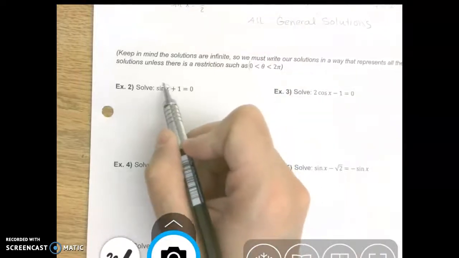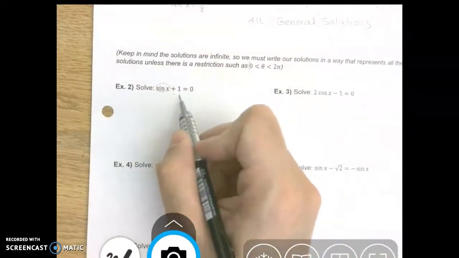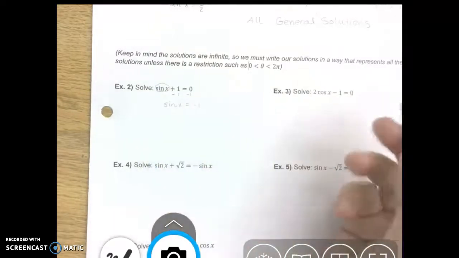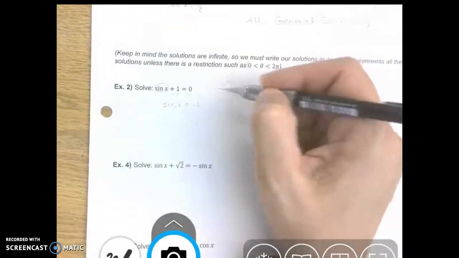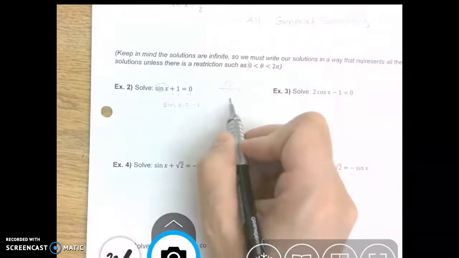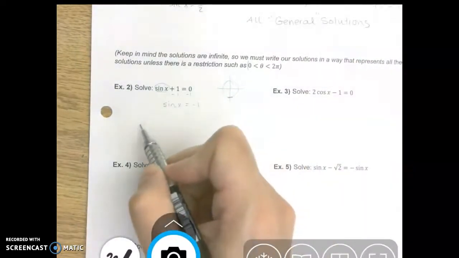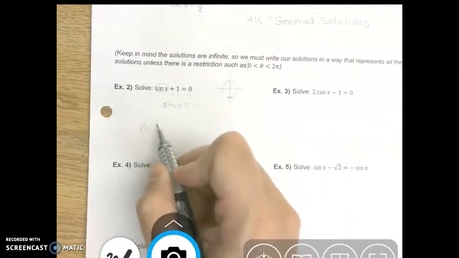Again, I want to isolate the variables. So I'll subtract 1, and the sine of x is equal to -1. So if I look at my unit circle, when is the sine value -1? I actually only have one solution there. So that would be x equals 3 pi over 2.